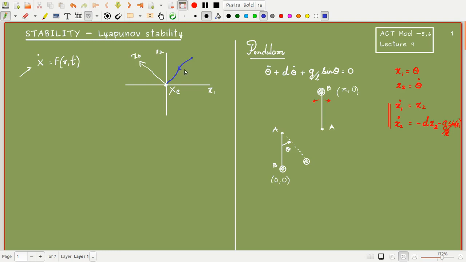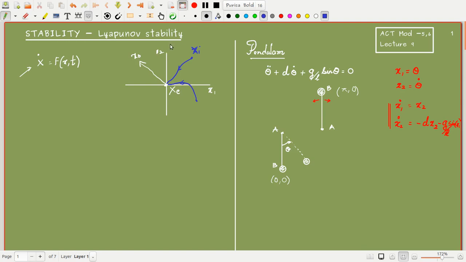Okay, it need not be the case in all situations, but as of now, let us say that I have an initial condition here, that is, this is x1 of 0. So I can start from another initial condition and I can plot the trajectory and can see where the trajectory is proceeding. So depending upon the direction or the path of the trajectory, we can speak about the stability of the system.